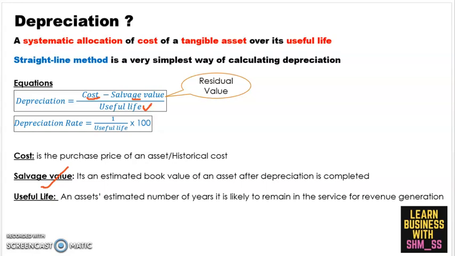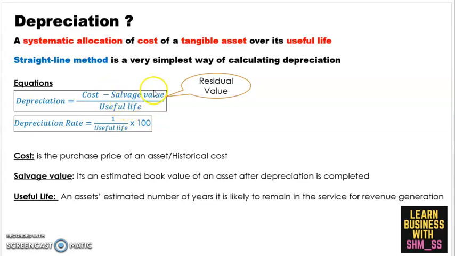Depreciation rate is very rarely used, and for doing questions we will use this equation and see how to calculate the depreciation rate. So it's very important to remember the depreciation equation: cost minus salvage value or residual value, divided by useful life.